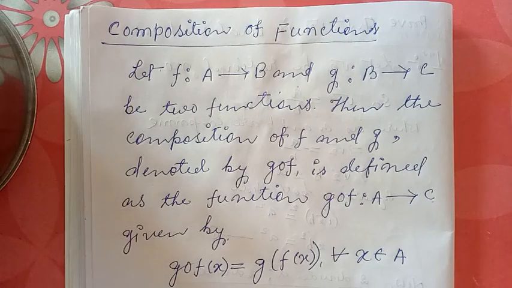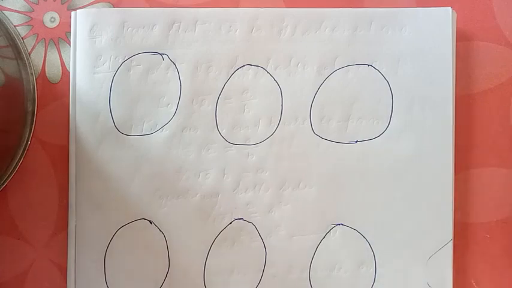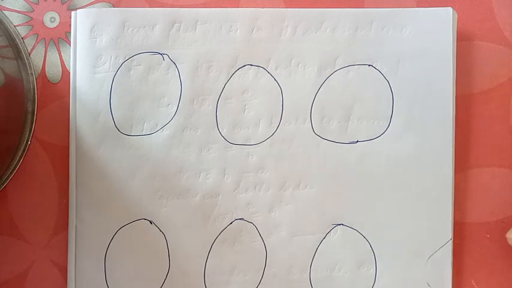So in order to understand composition of functions, we take some basic examples from day-to-day life. Suppose somebody wants to go from Guwahati to Delhi by flight, but he is not getting a direct flight. He gets a hopping flight.